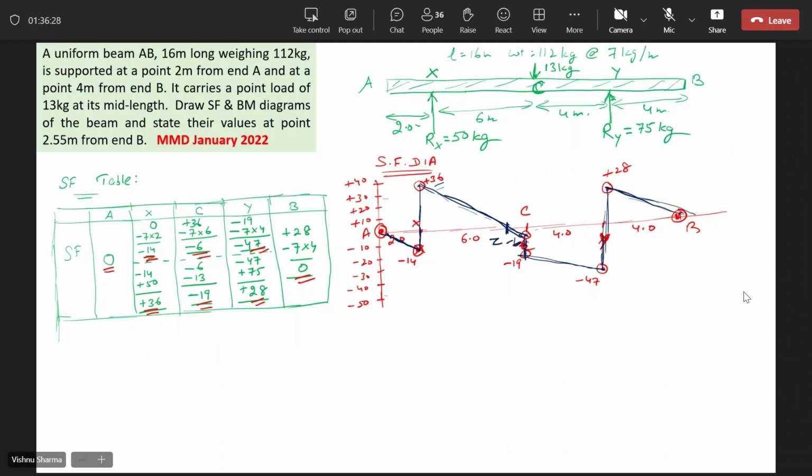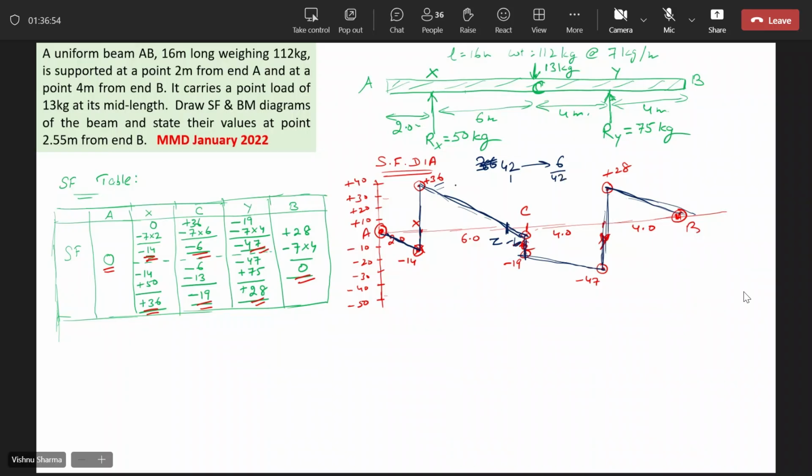It's a straight line, therefore we can use the unitary method. To change 42 units, from plus 36 to minus 6, you need a distance of 6 meters, correct? To change 1 unit, you need 6 upon 42.